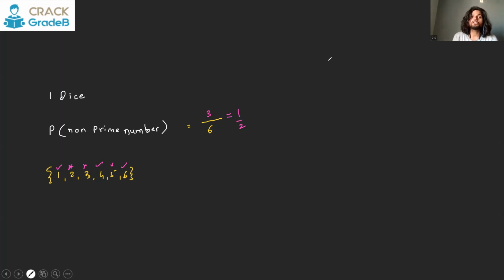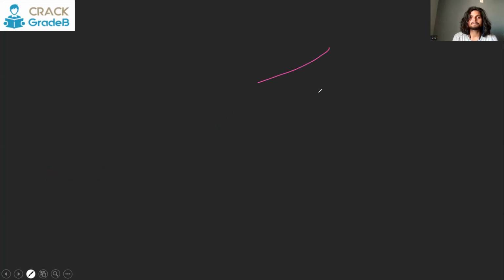What if we are tossing 2 dice? What is the probability that the sum is equal to 10?